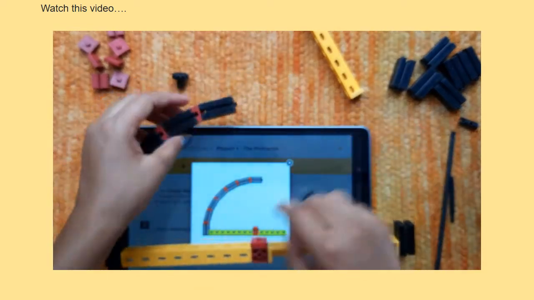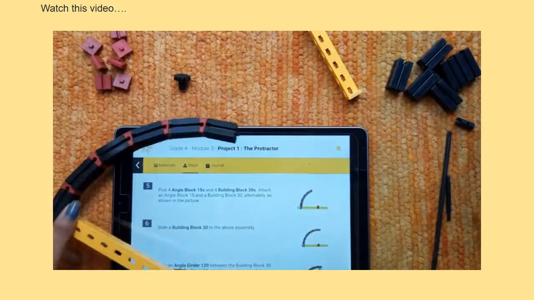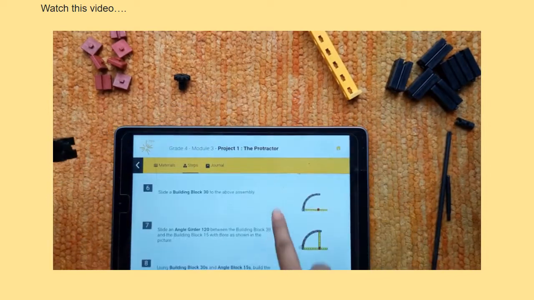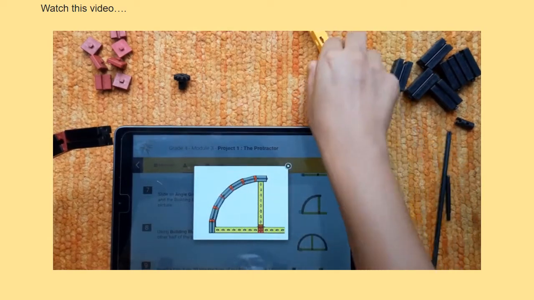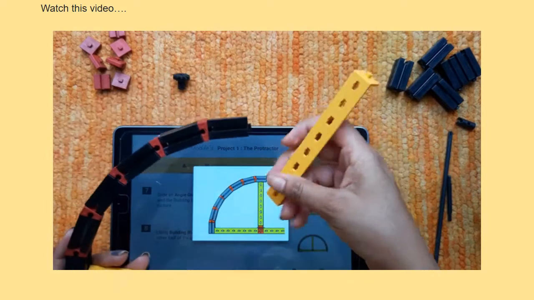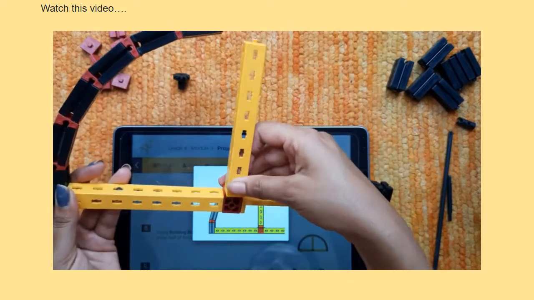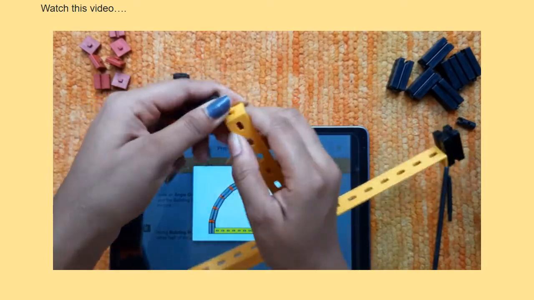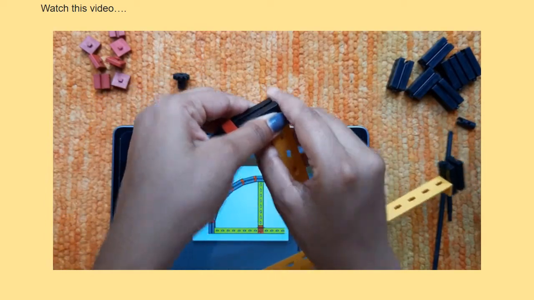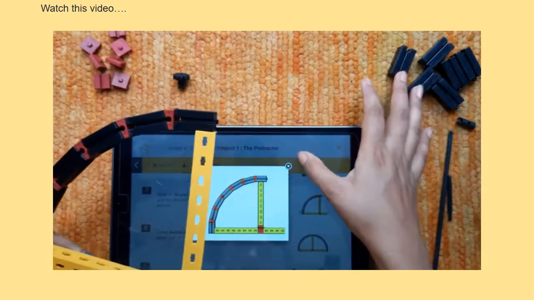So here this part is done. Next step is slide an angle girder 120 between the building block 30 and the building block 15 with bore as shown in the picture. So here I need to attach angle girder 120. We'll fix it on building block 30.